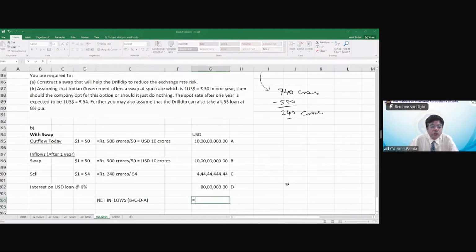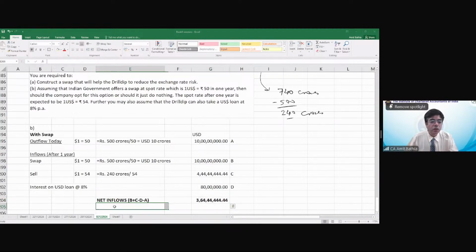Yes. So it is 10 crore plus 44 minus interest minus original outflow. So I'm going to make 3 crore 64 lakh 44,444 USD as net inflows. Are you all with me?